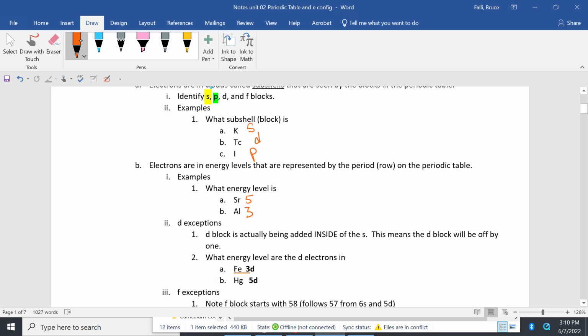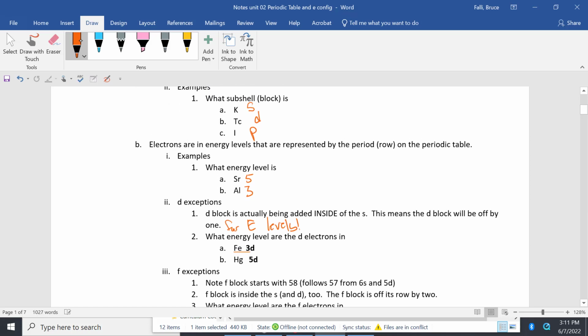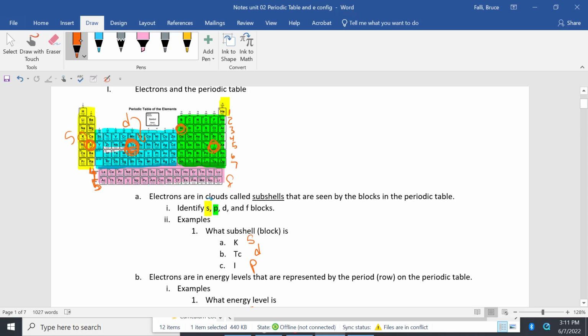Okay, so D exceptions. The D block is actually being added inside of the S. This means the D block will be off by 1 as far as energy levels. What energy level are the D electrons in? In iron? Iron is right here. If you're erasing more than I want, that's okay.